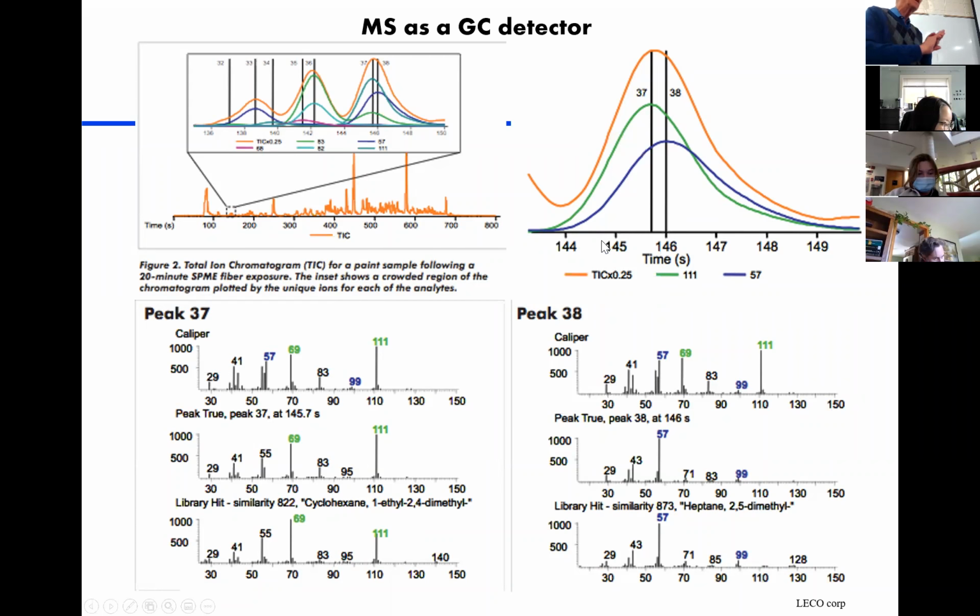But what the mass spectrometer can do is that these peaks will not actually be perfectly aligned with each other. There might be nanoseconds difference in elution time out of the gas chromatograph. The gas chromatograph can't manage that, but the mass spectrometer can.